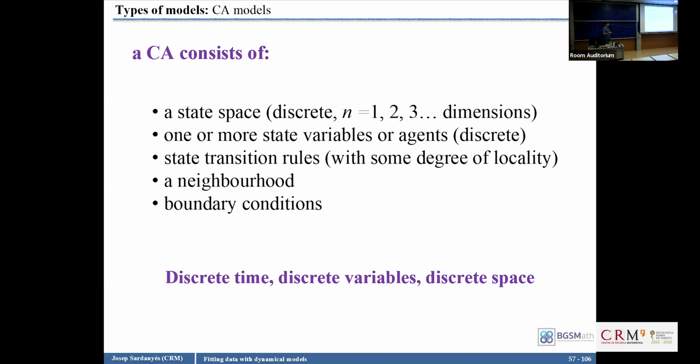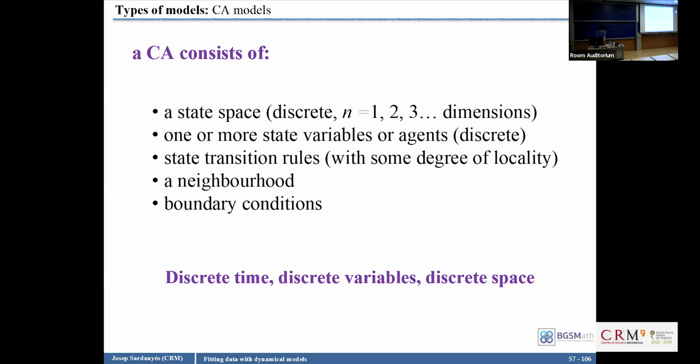If you want to model the growth of a solid tumor, we will use 3D space. Then, of course, we can use more dimensions if we are doing more abstract things. Usually we have one or more state variables. In the case I showed you about the plants, we have empty, full, and destroyed, so we have 3 states. State variables, for example, the number of plants.